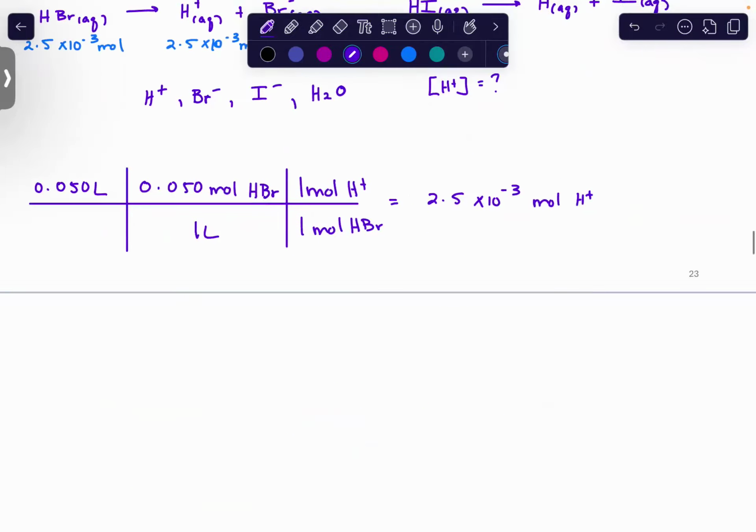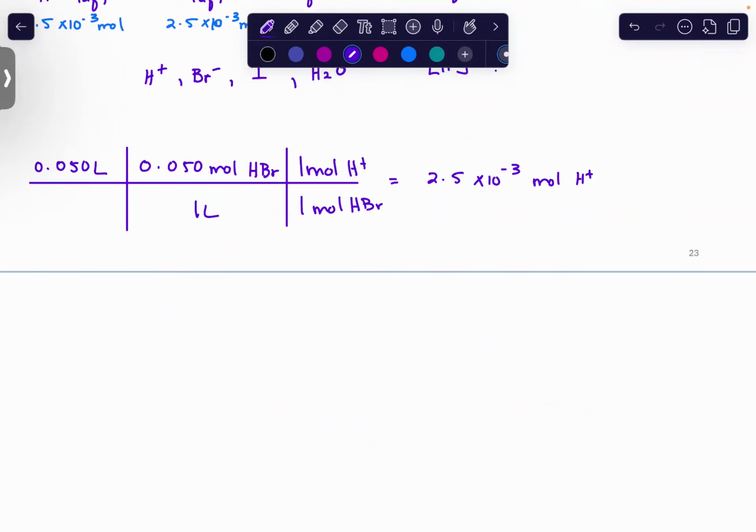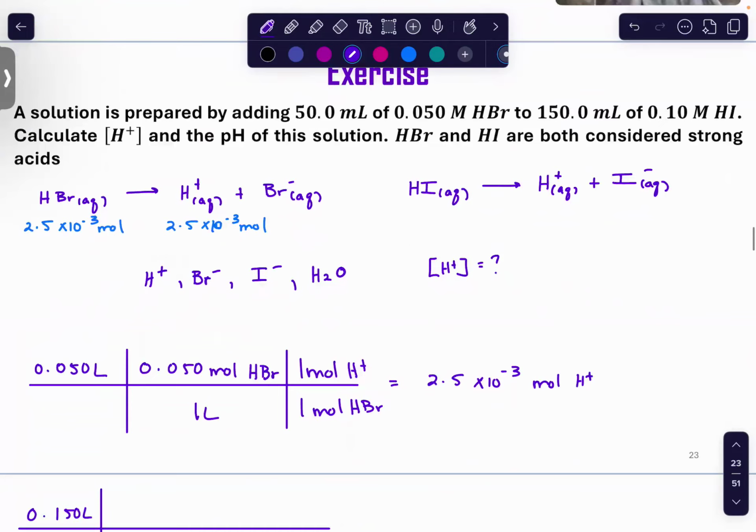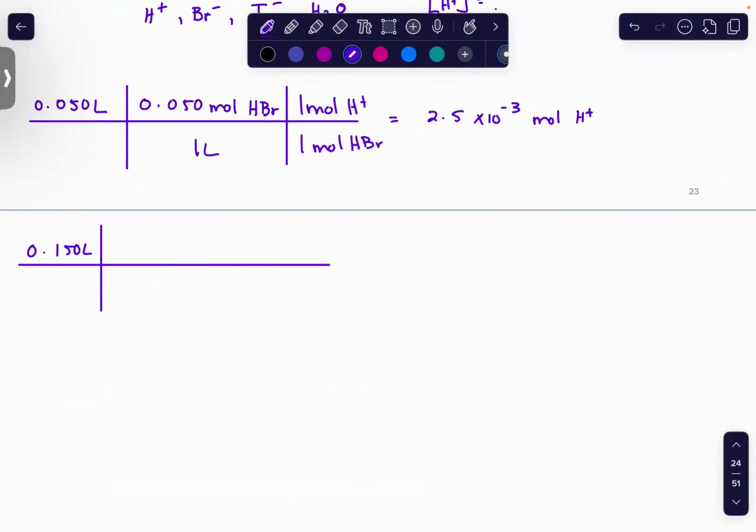Okay, so same thing with the hydroiodic acid. We will, because we need total moles per liter.